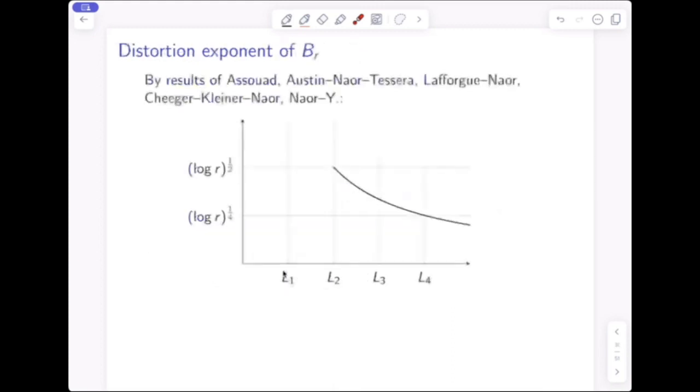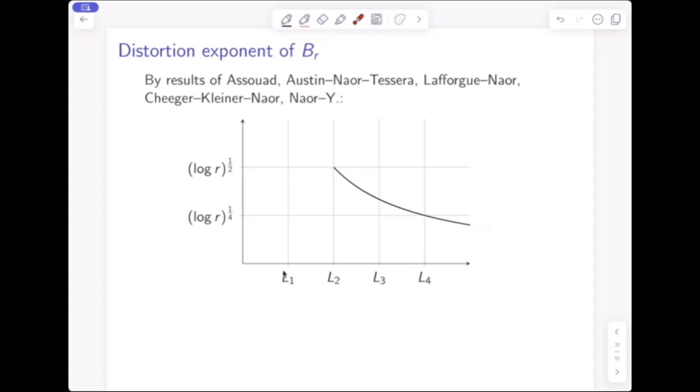And so let's draw this in a graph. We can define what's called the distortion exponent of B_r in all these different spaces. It embeds in L2 with distortion on the order of root log r. It embeds in Lp with distortion on the order of the pth root of log r. And so these results tell us that as p increases, the distortion gets smaller and smaller.